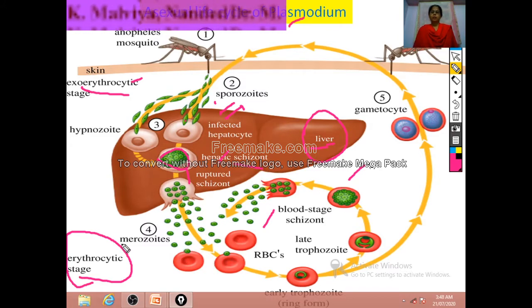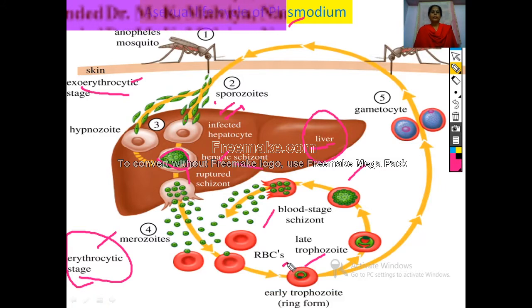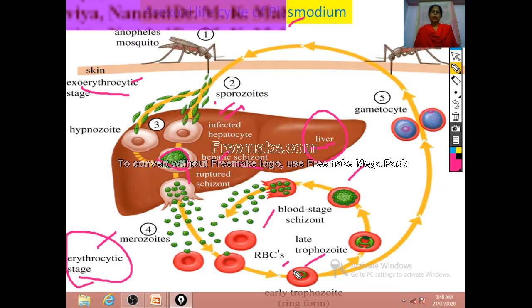What happens while running this life cycle? The Plasmodium parasite attacks the RBC. It is the feeding stage. It feeds on the hemoglobin of the RBC. The globin part is utilized by the parasite, and the heme part, which is the pigment part, is converted into a poisonous part called hematozoan poison.